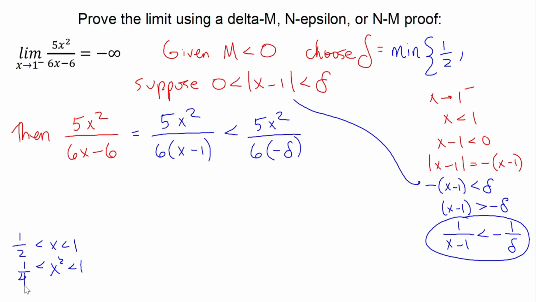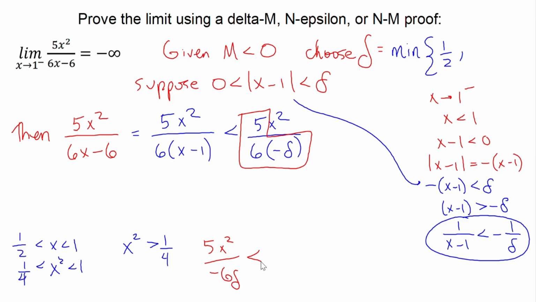And so now if I take the part that says x squared is greater than 1/4, and I multiply both sides of it by this term we were talking about before, the 5 over -6 delta, we end up with 5x squared over -6 delta is less than 5 over 6 times 4 times that negative delta, right? Which is exactly the kind of statement that we wanted, right?